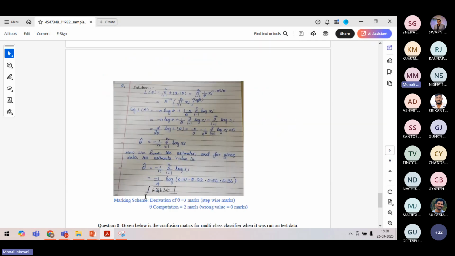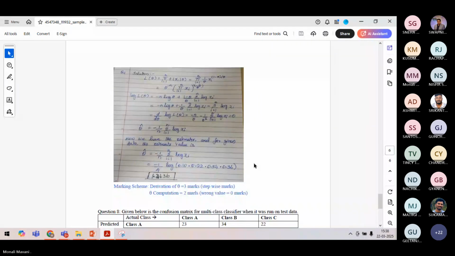If you look at the solution, it is a very detailed and standard solution. From the likelihood equation, then the log likelihood equation, and then we have to estimate the value of theta like this. Here we take log to the base e.